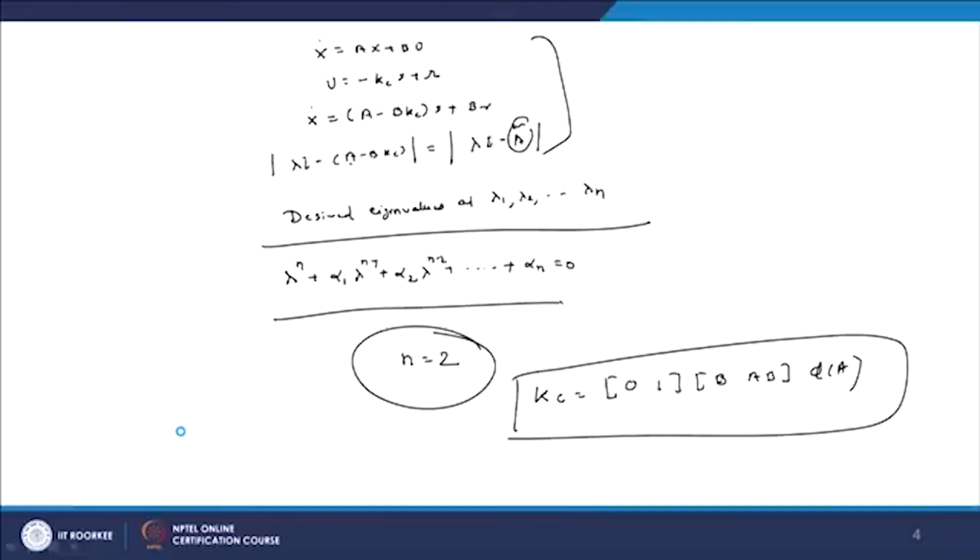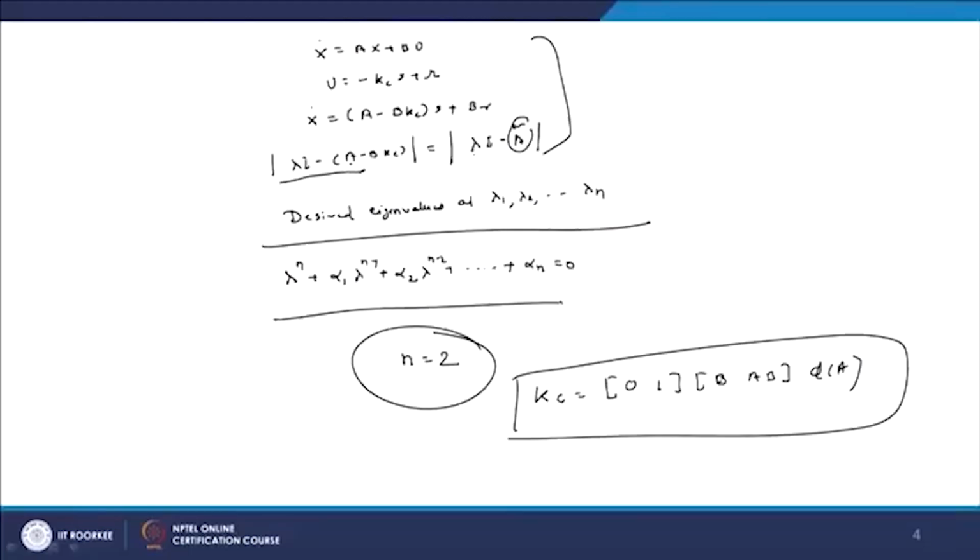Here we have taken the plant as A plant, then we have taken a controller u equals minus Kc x plus r, and then this is the characteristic equation, determinant of lambda I minus A bar, where we have the desired eigenvalues lambda 1, lambda 2, up to lambda n. So, these are the equations.